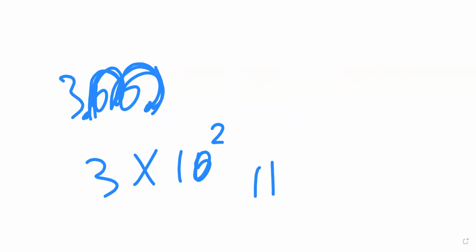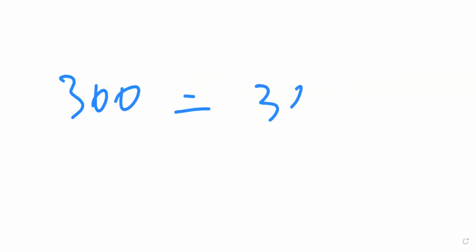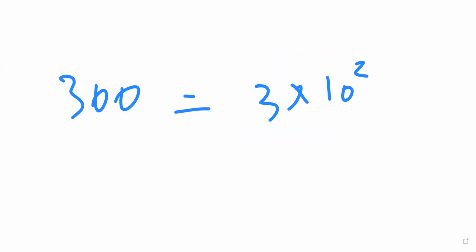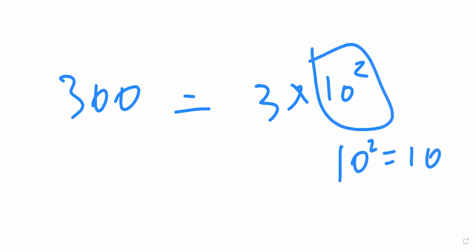Let's see how it goes. The answer for 300 in standard form is 3 times 10 raised to the second power. We could actually see if this is equivalent to that. What we could do is simplify 10 raised to the second power, which we know is equal to 100.